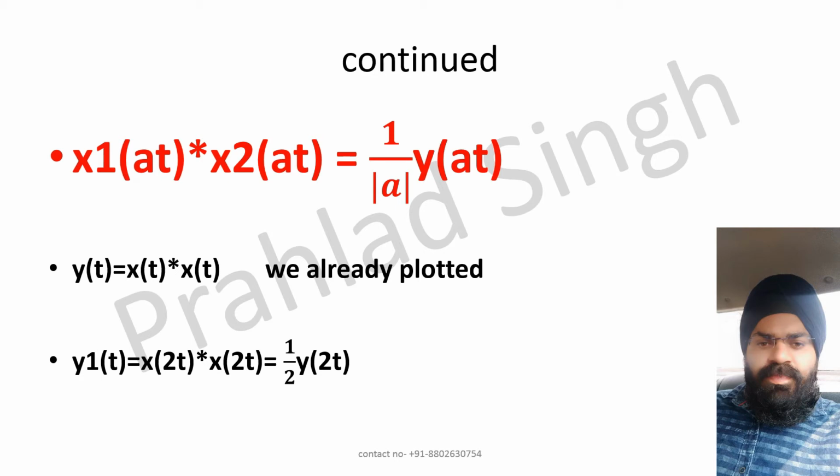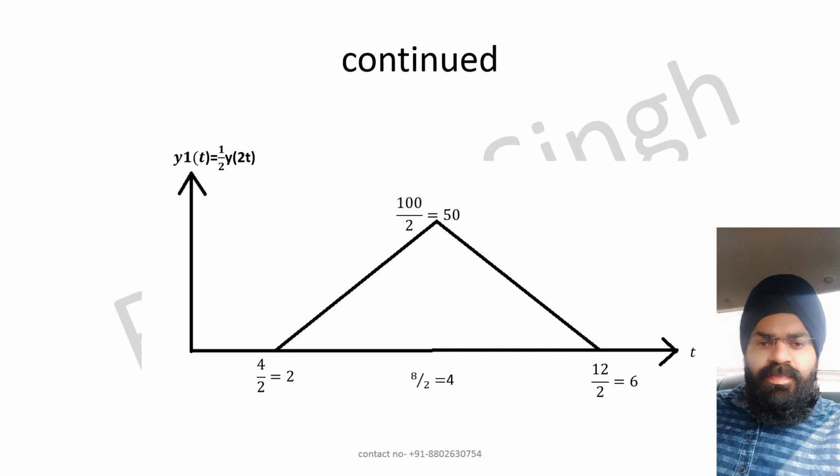So come back to the question. y(t) is equal to x(t) convolution with x(t), which we already plotted. So y1(t) is equal to x(2t) convolution with x(2t). It can be written as 1 by 2 y(2t). So how to plot y1(t), which is equal to 1 by 2 y(2t)?